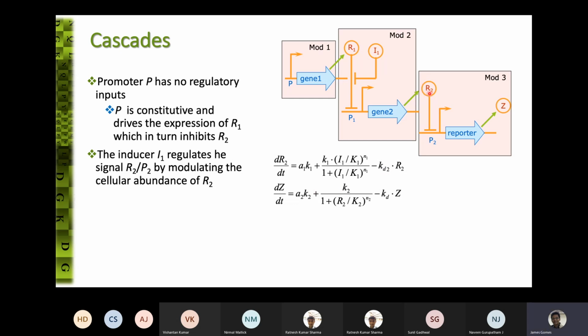And of course, R2 will get removed at a certain rate, and it's going to have a basal rate of alpha K1. Why do you think we have had two factors like this, alpha K1, written out? Because if you multiply it, it should not matter, no? Whether you have 2 into 3 or 6, it's 6. How should it matter?